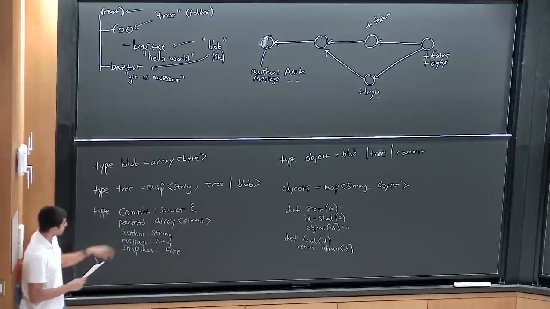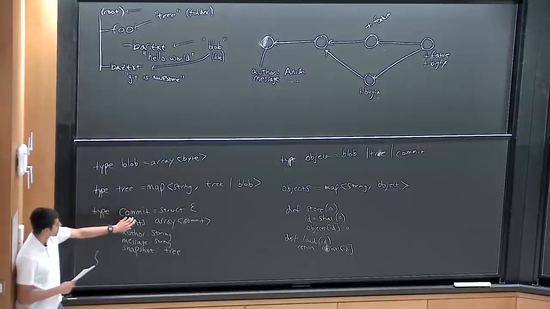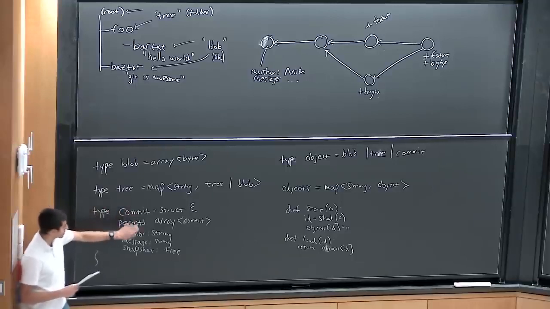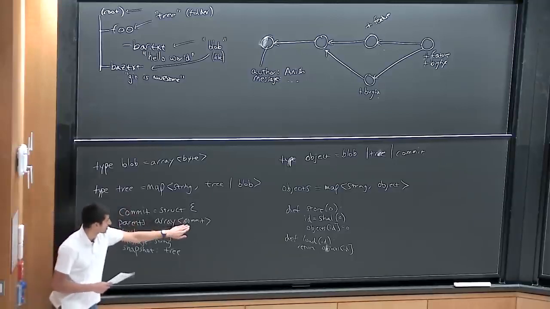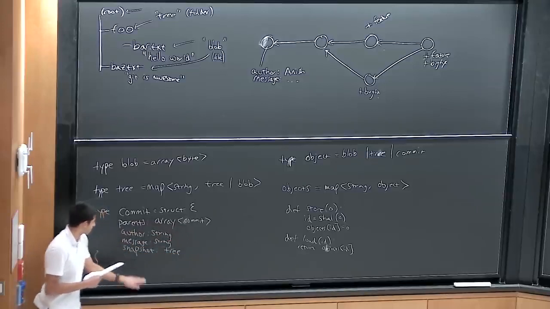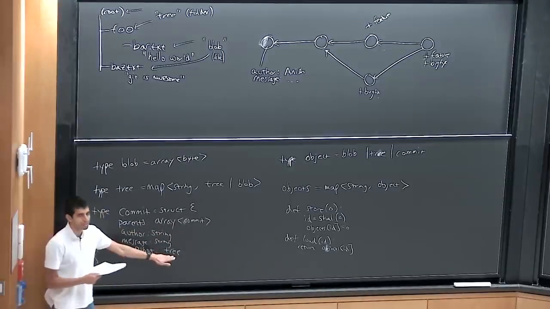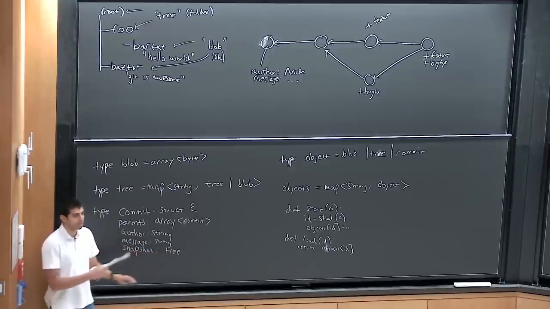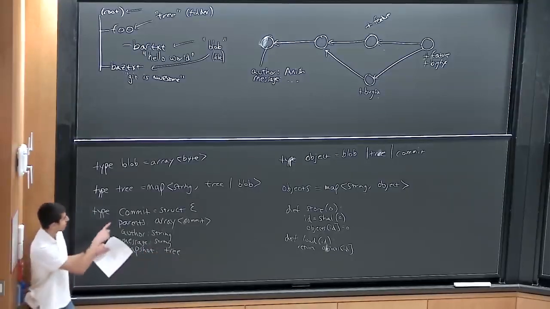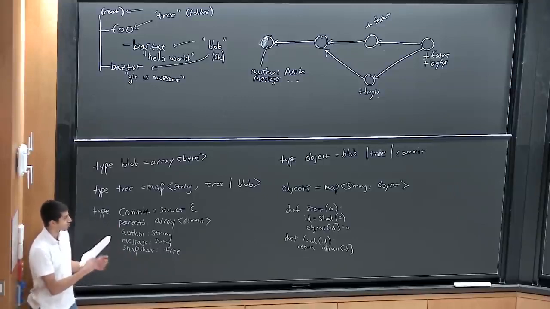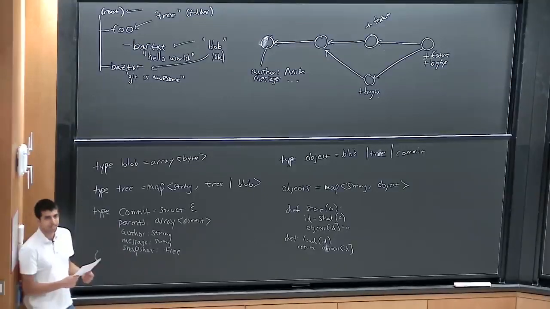So a commit will be able to reference a bunch of parents by their IDs. So this is actually not an array of commits themselves, but IDs. And similarly, the snapshot inside a commit is not the actual tree object, it's the ID of the tree. And so all these objects are stored on their own in this object store, and all the references to different objects are just by their ID, by their SHA-1 hash.